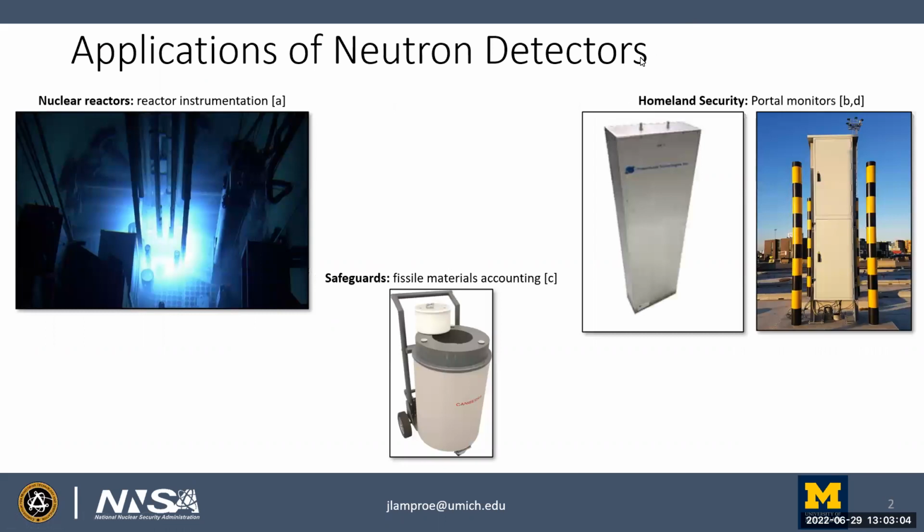So to begin, why do we care about neutron detection? Why do we want to detect them? There's a lot of applications, but these three are really good examples. We use them in nuclear reactors to get our power levels as well as neutron count. Additionally, in safeguards to measure special nuclear material, figuring out the identity and sometimes the quantities of material is super helpful in well counter systems like the one shown here.